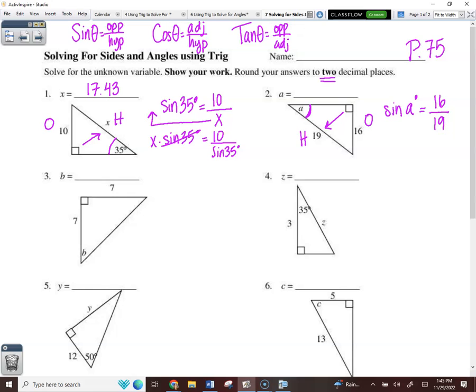Where is your variable? It's inside, so it's inverse, which means sine bumps to the other side using inverse trig, and that's what you type in the calculator. And this is an angle, so we do put degrees. And you get, yep.